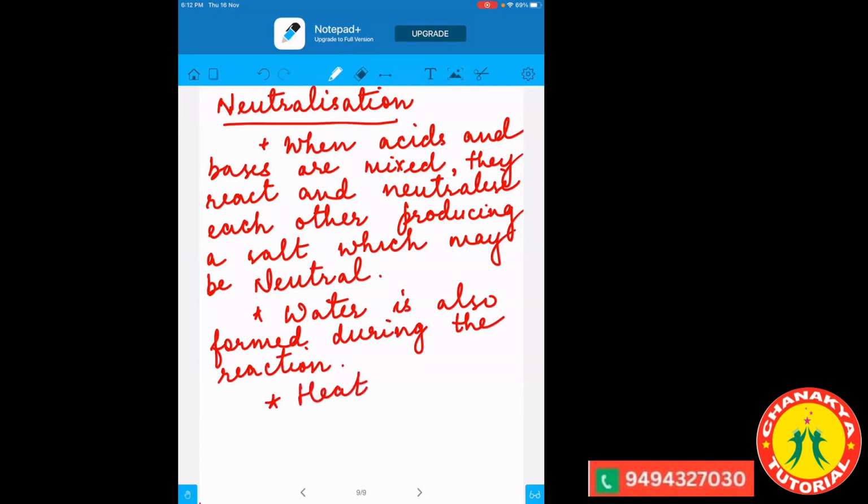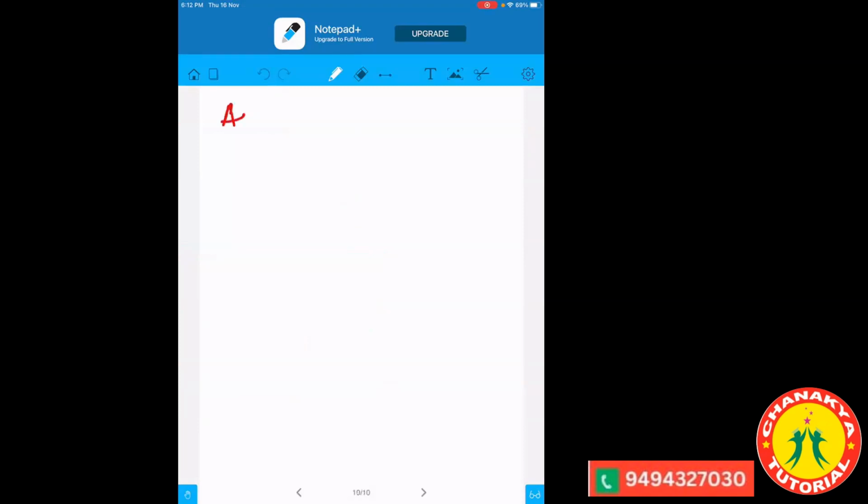So heat is also evolved. So during this reaction, the heat will also evolve. So the reaction between the acid and the base is called the neutralization reaction. So acid plus base gives salt and water and also releases heat.